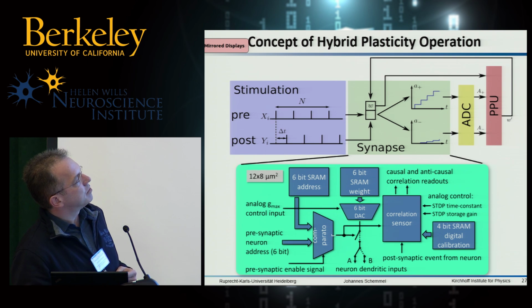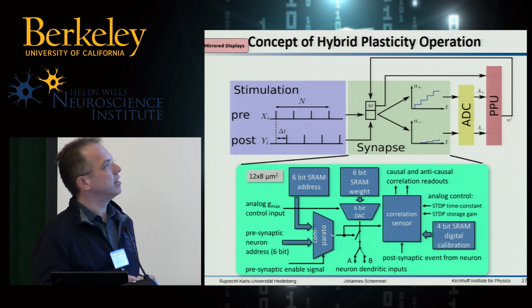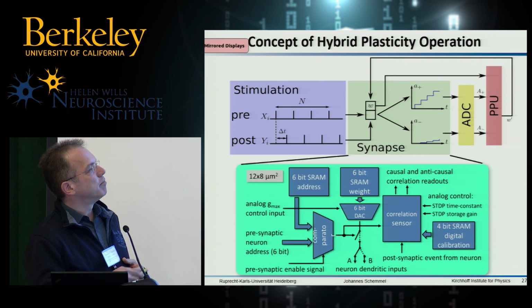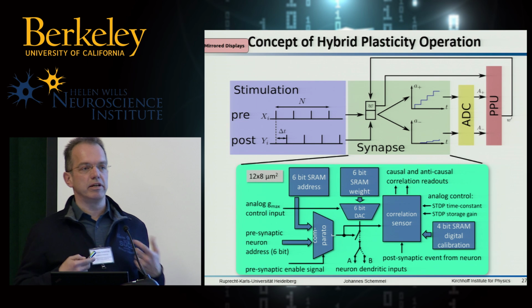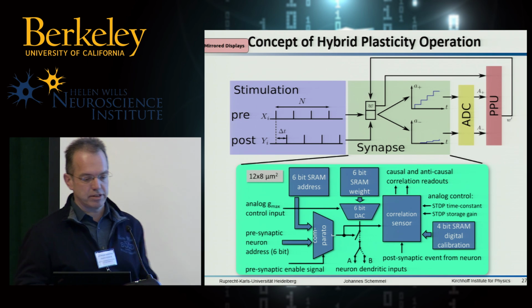This signal is stored in the synapse and sent through an ADC, because it's analog, to the digital plasticity processing unit, which then runs software calculating the update of the weight and sending the updated weight back. The important thing is that the correlation measurement happens on a much shorter time scale than this update loop, because the correlation sensor has analog storage locally and can store the results for several correlations.